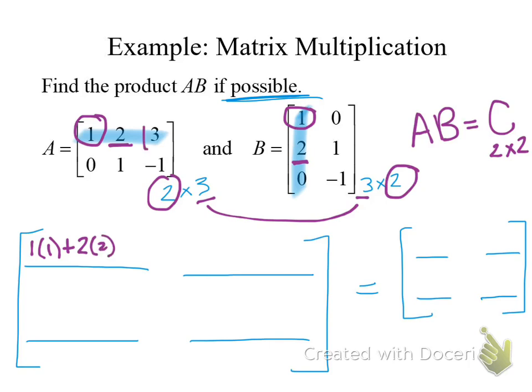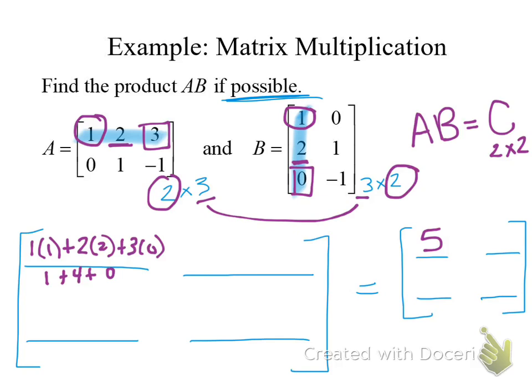And then once again, we will multiply the third values together, so that would be plus 3 times 0. Okay, so in this case, I'm going to have 1 plus 4 plus 0. And all that equals 5 when I go and write it in that entry.